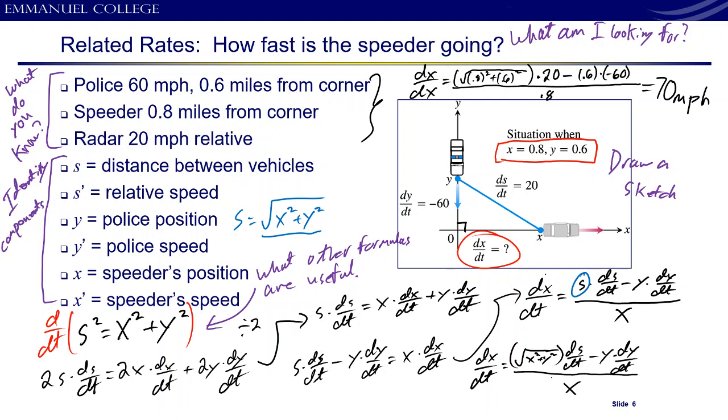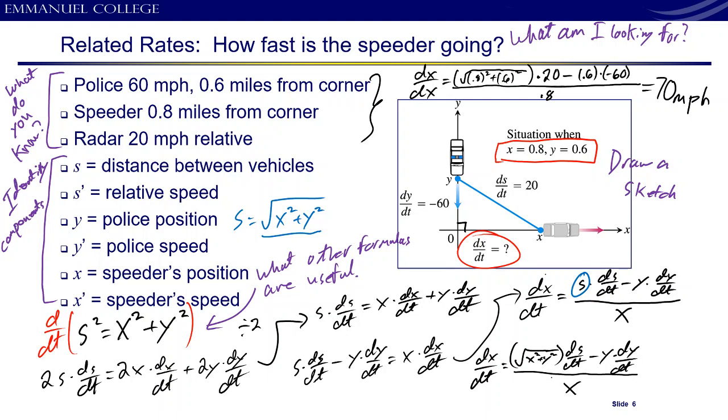Then we drew a sketch, identified our components, and from there we said, oh hey, we made a right triangle. Because we made a right triangle, we can actually work with that. And once you work with it and go through it, everything turns out pretty good.